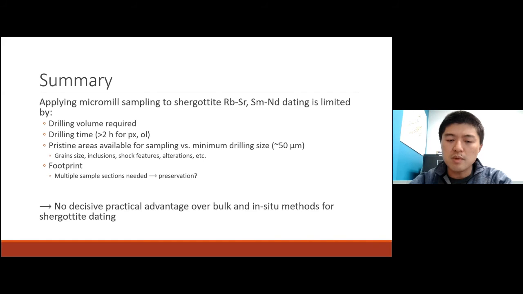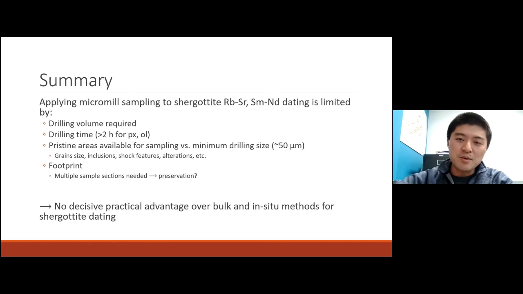In some more precise method studies, they use, say, 5 micron depth increments per session.